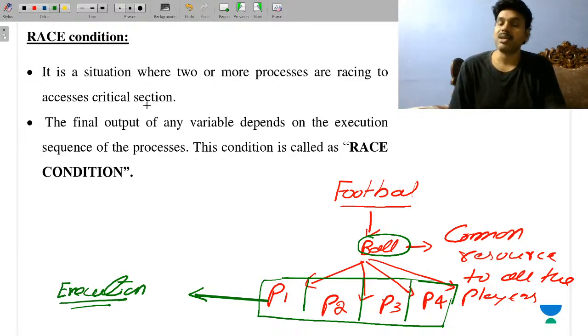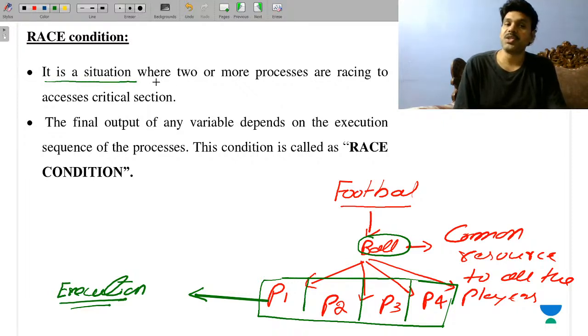In a running race, many persons are running to come first. So here also, we don't know who is going to win the race. The guy who hits last, the final thread, is going to win the race. What is the meaning here? It is a situation where two or more processes are competing together to access a shared resource.